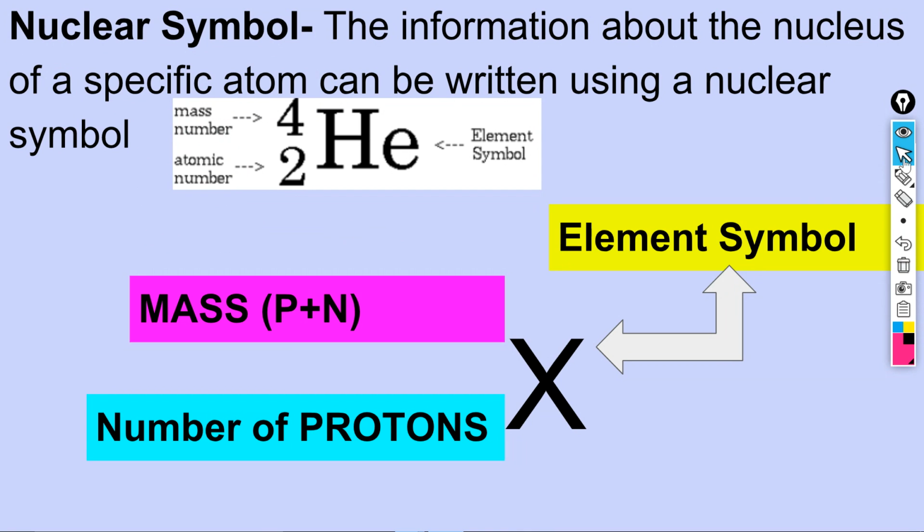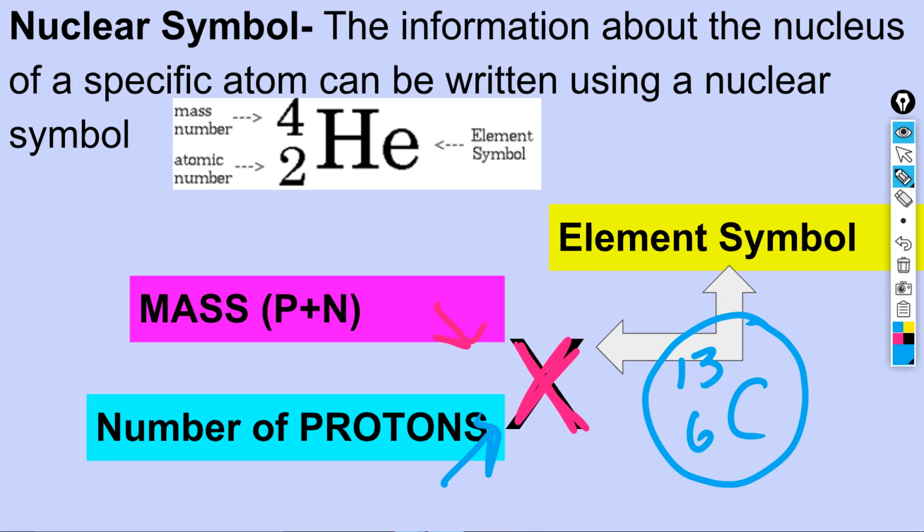The way that we write this is the element symbol, then the mass number goes on top, and the number of protons goes on the bottom. So if it was a carbon atom that had 6 protons and, say, 7 neutrons, then its mass would be 13. So this would be the nuclear notation for carbon.